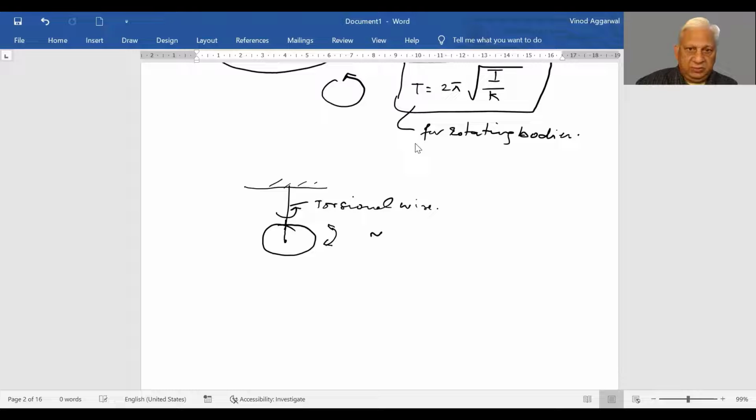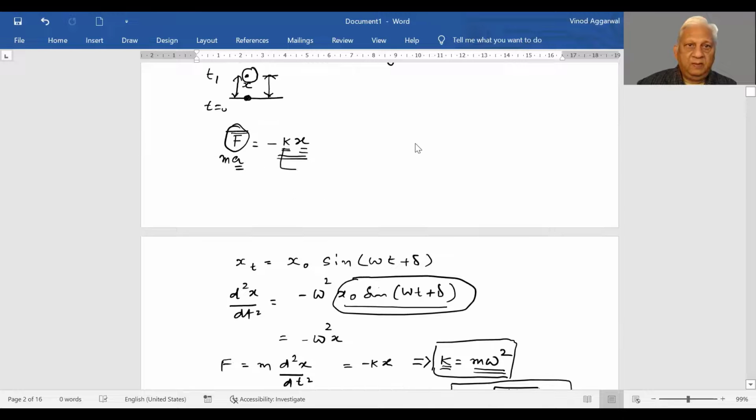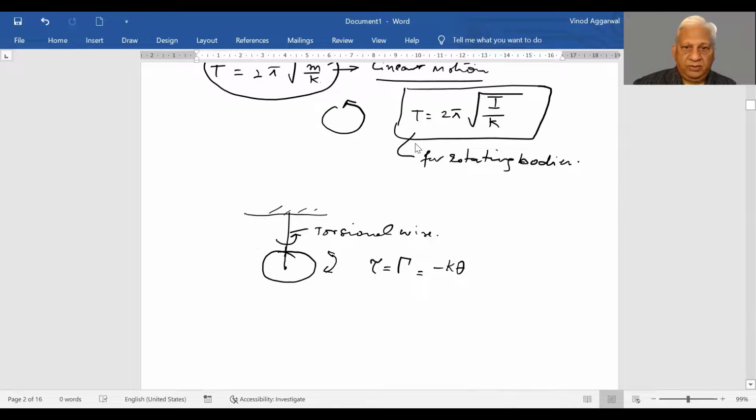Now in such a case, torque is equal to minus k theta, taking the above analogy of this one. Now instead of x, we take theta. And we have already seen torque is equal to I alpha.